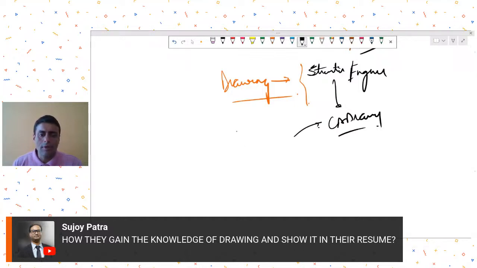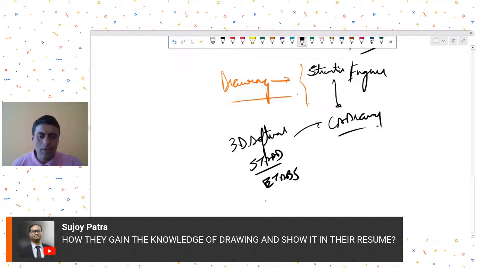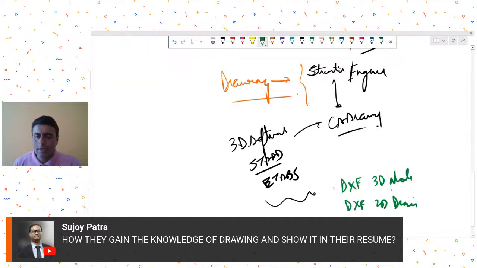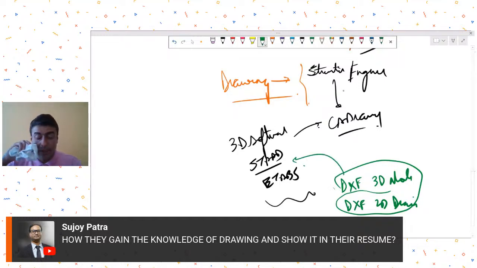This is also required because many times in your 3D software that you use, like STAAD or ETABS, you may face a situation where you have to make some DXF 3D model, or some DXF 2D drawing, in AutoCAD, and then you will need to import it to the software. So therefore CAD skills will be required.